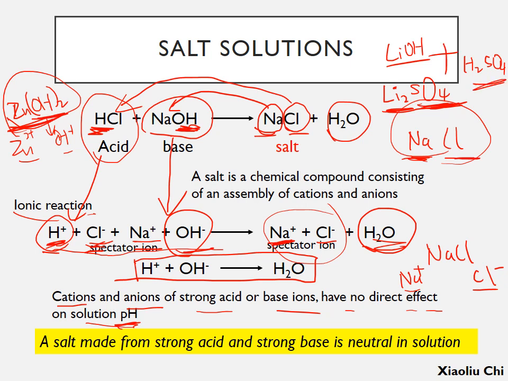When these two combine, hydroxide and hydrogen form water, and the rest is lithium sulfate. So this salt comes from a strong acid and a strong base. The lithium and the sulfate are spectator ions. They don't affect the pH value. So this salt in solution is neutral.